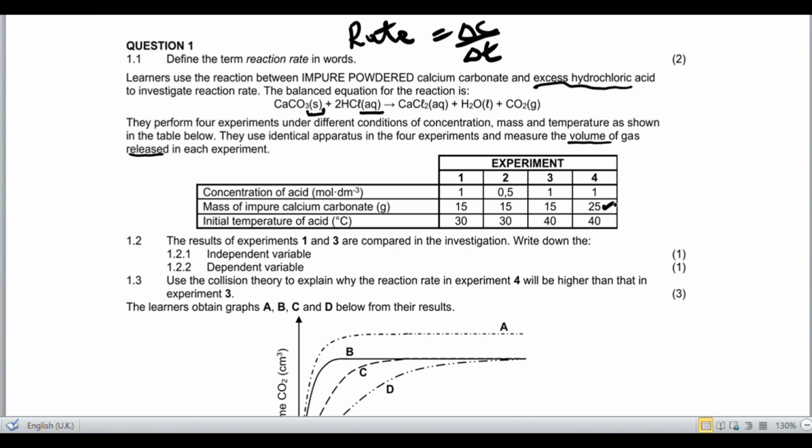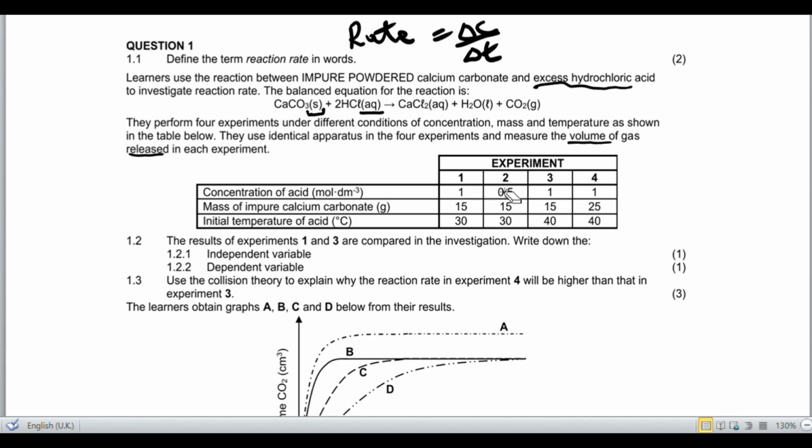That is the first thing that differs between these 2, 1 and 4. Then we look at the initial temperature: 30 here and 40 there, the temperature is not the same either, which means there are 2 things we are comparing in 1 and 4, making 1 and 4 not a fair comparison because we have 2 independent variables. So we cannot compare when there are 2 independent variables. What is an independent variable? It is what differs between them in the factors.